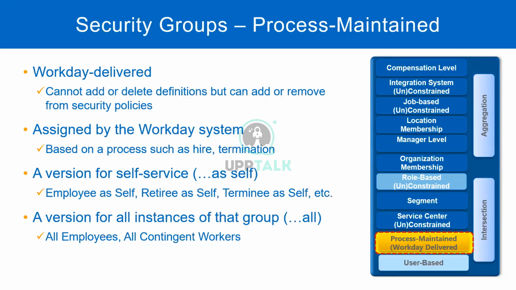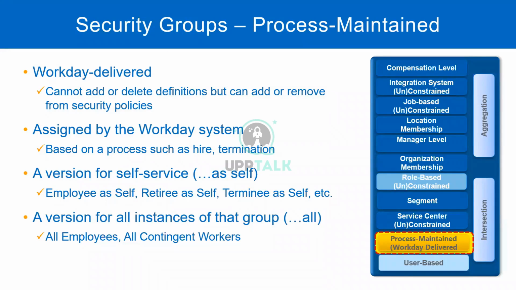Okay, so this was about domain security policy permissions. We talked about the domain security policies. And then we talked about the different kinds of security groups that we have in Workday, the most commonly used ones, like user-based security and role-based security.